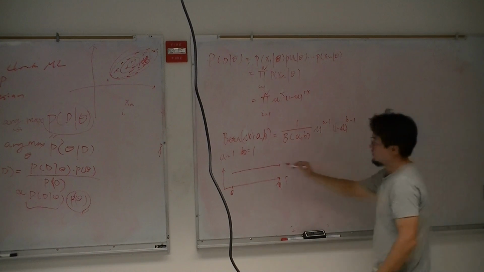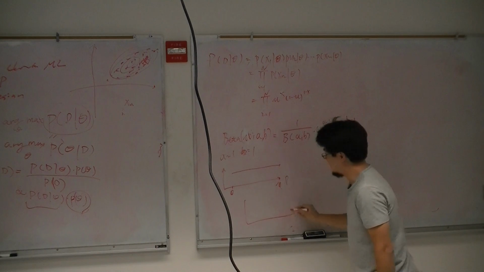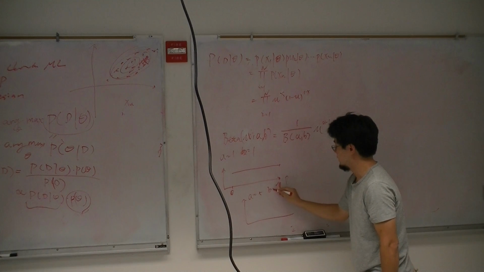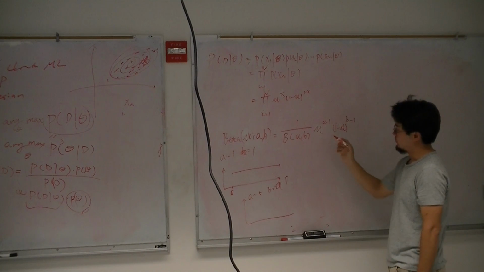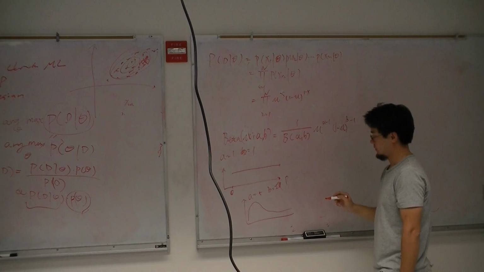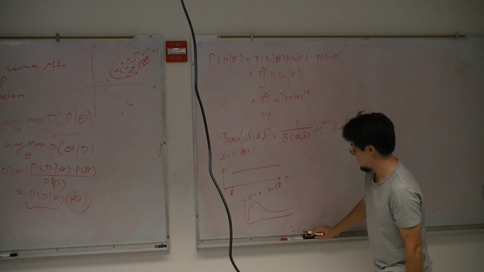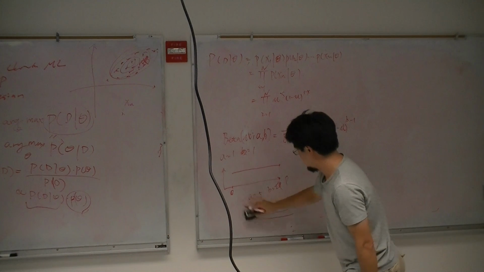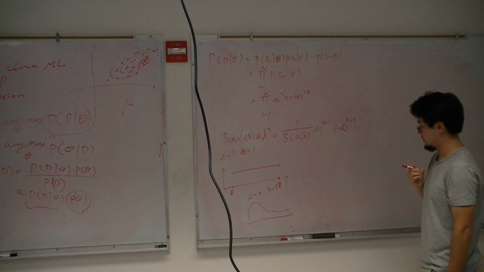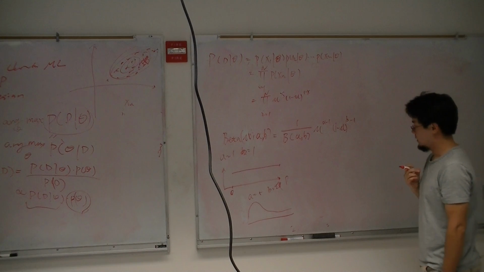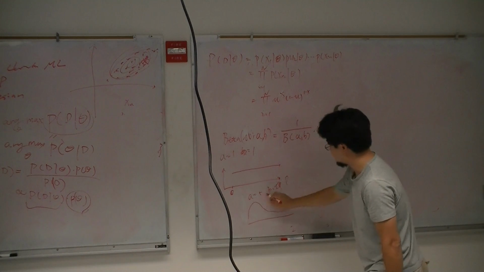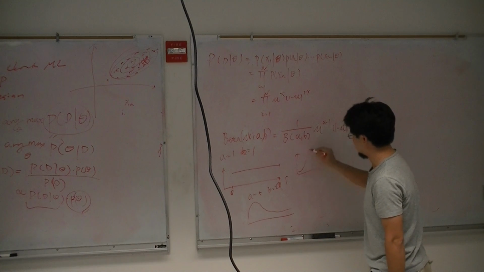If you have a large A, for example 5, and a smaller B, from this distribution you see something like this. If these two are equal, you will have something like this.